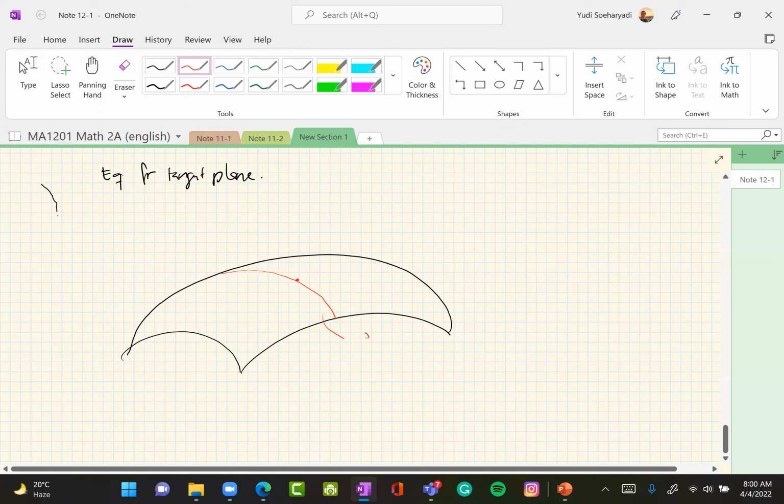You have, say, this is x naught, so x is a constant, and you have also a curve here. This is f of, say, x varying while b is constant.